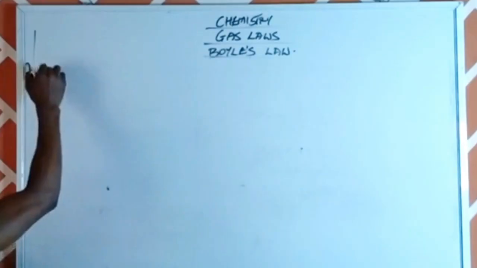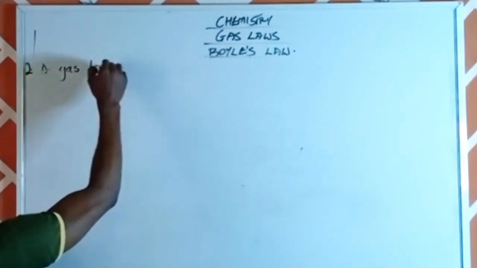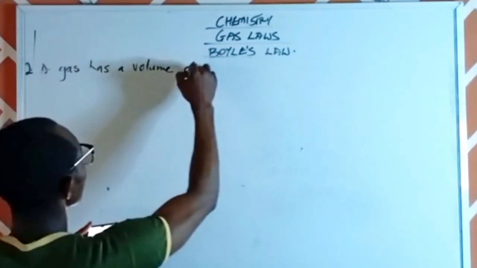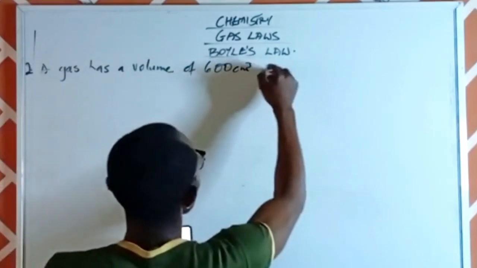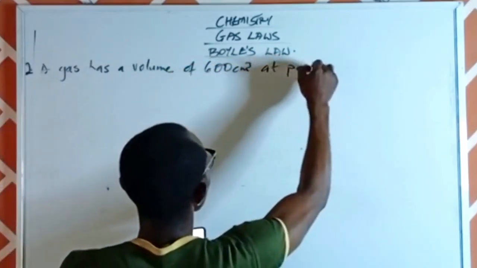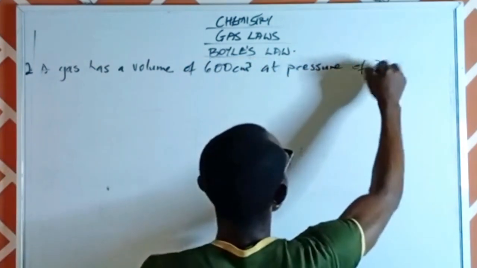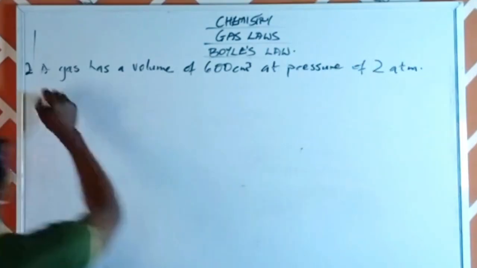Example 2. A gas has a volume of 600 centimeter cube at a pressure of 2 atm.